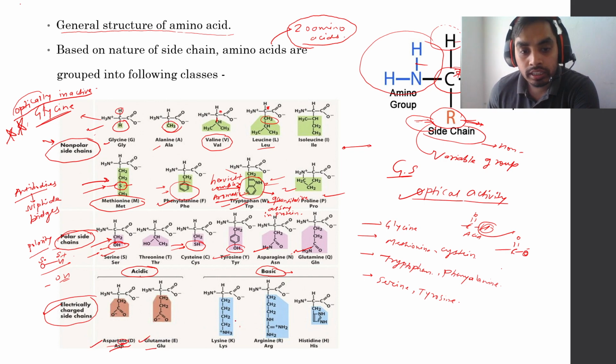Okay, the next is basic amino acids that have an extra amine group. You see here there is an extra amine group, there is an extra carboxyl group. Here it has an extra amine group, there is an extra amine group. So these amino acids have an extra amine group and thus they are basic in nature, and these are acidic in nature. So these are also important to remember.